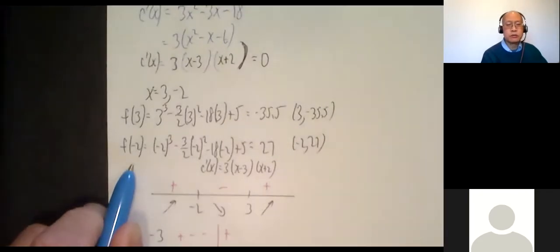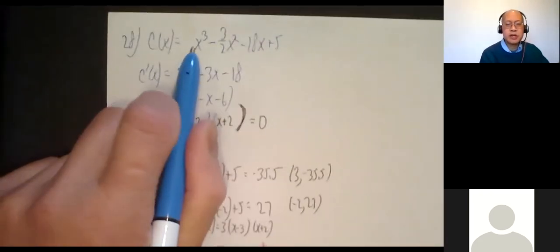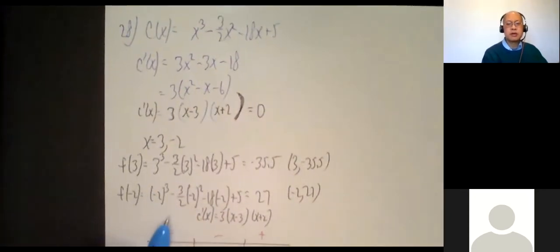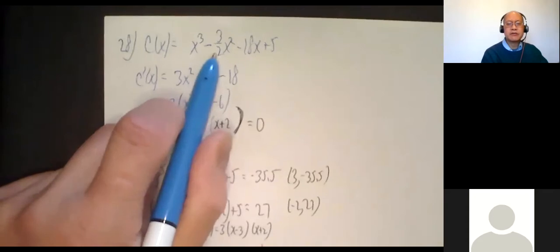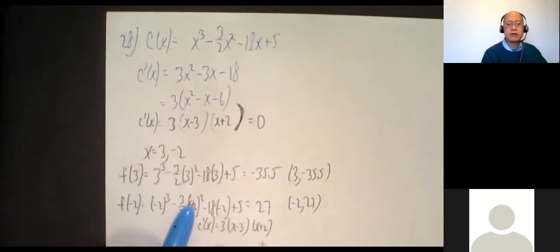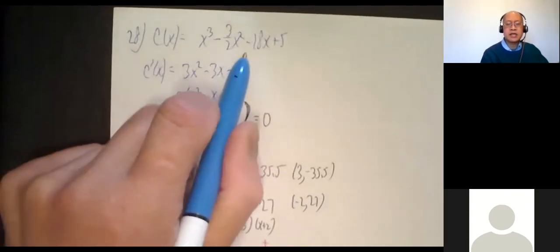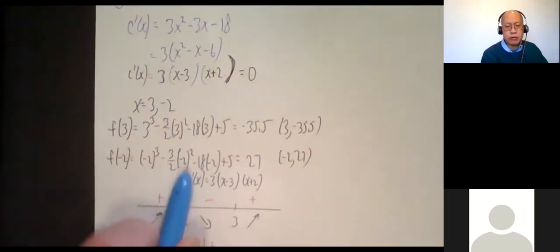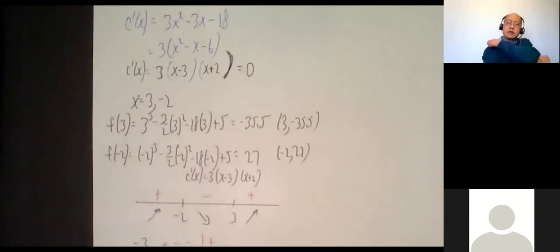Same thing with -2. Plug in -2 here, here, and here. So it's -2 cubed minus 3/2 times -2 squared minus 18 times -2 plus 5. Grind that all out. You can take my word for it. 27. So -2, 27.